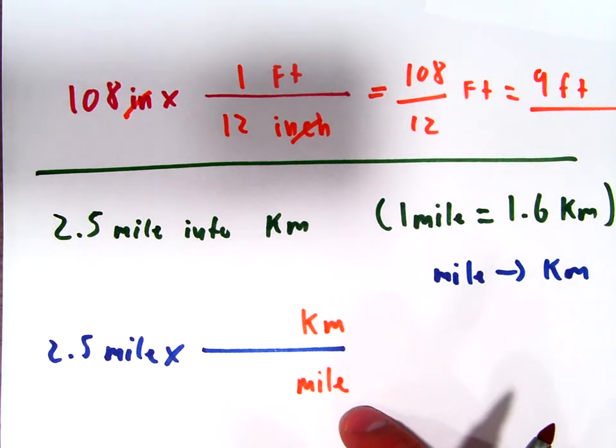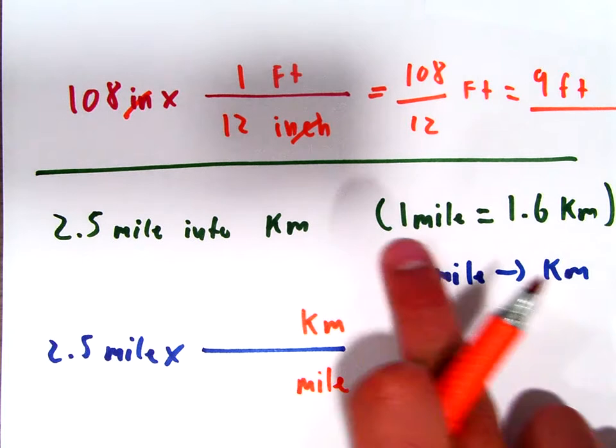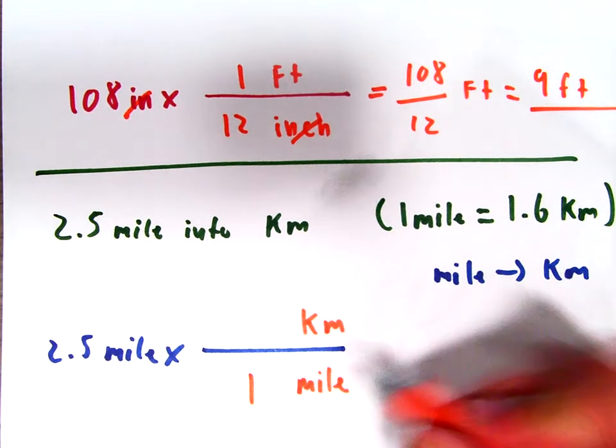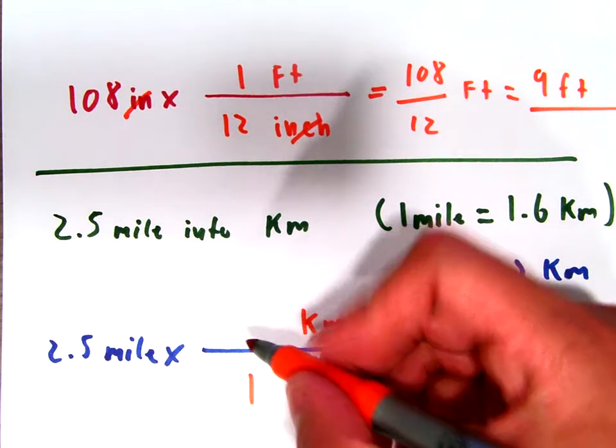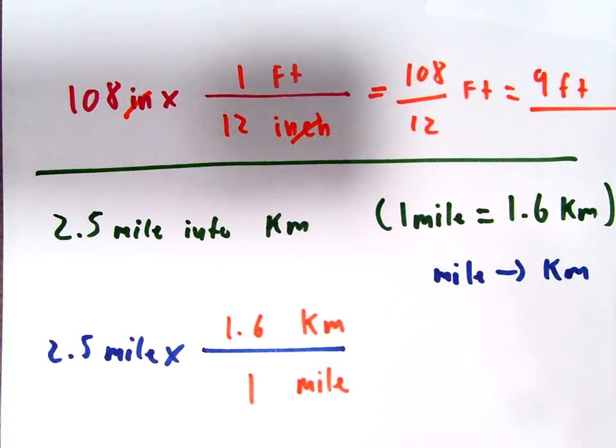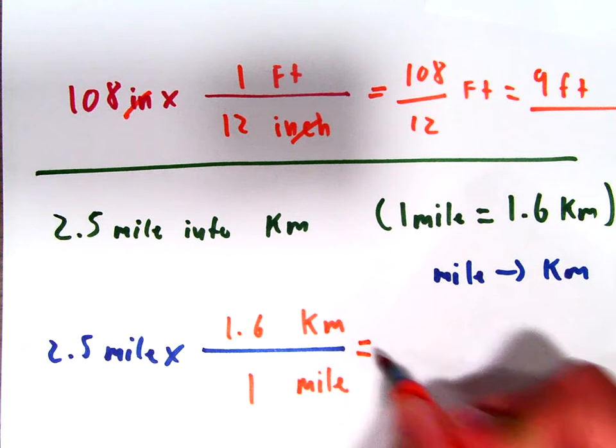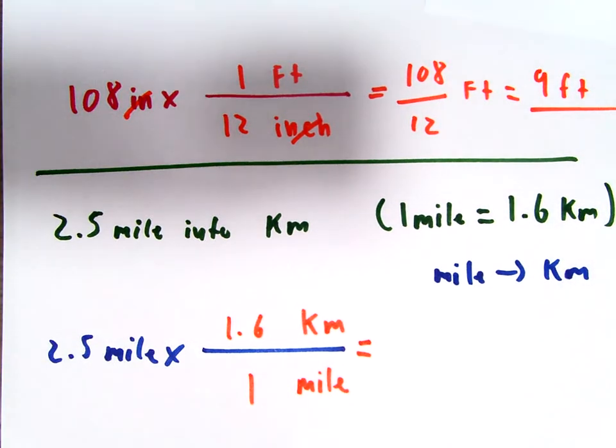But where did I get these numbers? Well, I just get it from my equivalent. 1 mile is equal to 1.6 kilometers. I can go ahead and just multiply this, 2.5 times 1.6.